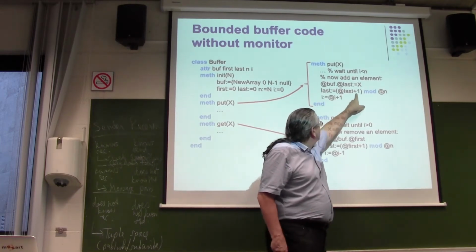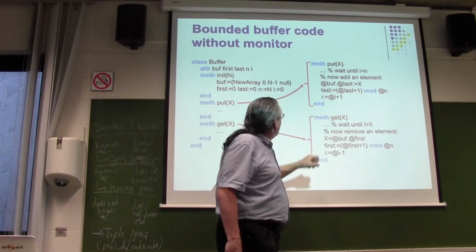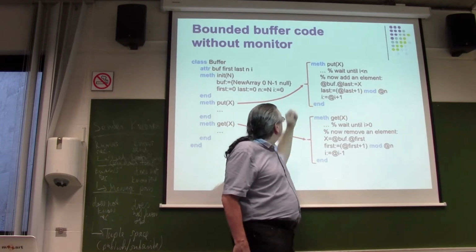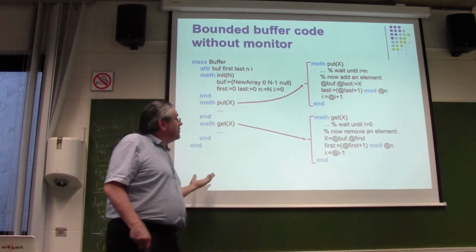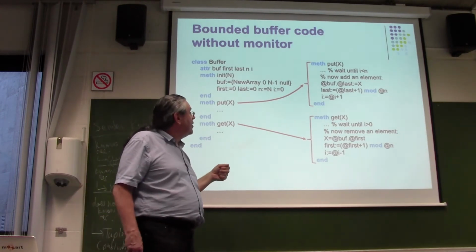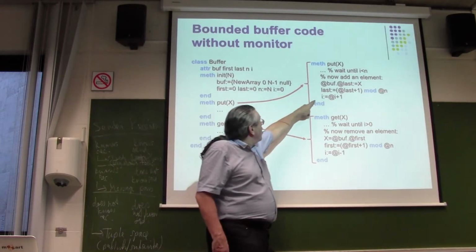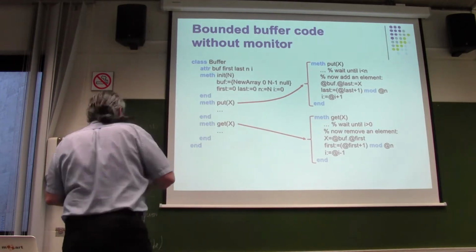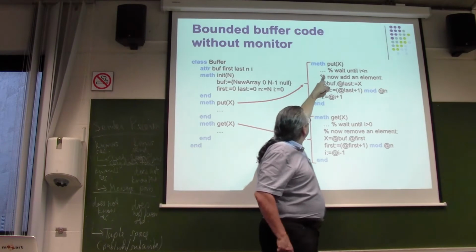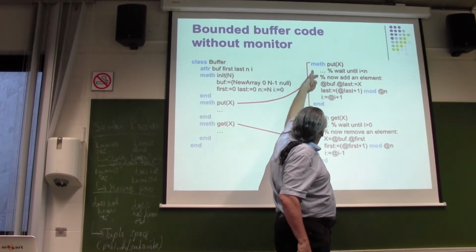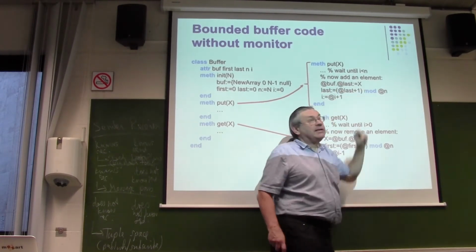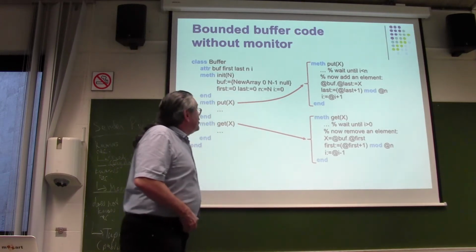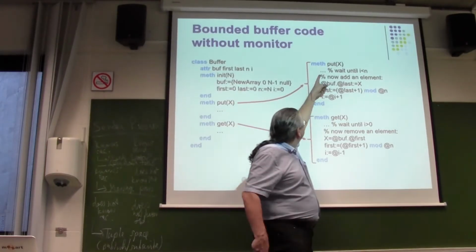Last is last plus 1 modulo n. And also I increment the size, I, because sometimes it's nice to know the size. But notice you have to do a wait. There's no pointer here. But here, you cannot always do this. You have to wait until I is less than n.